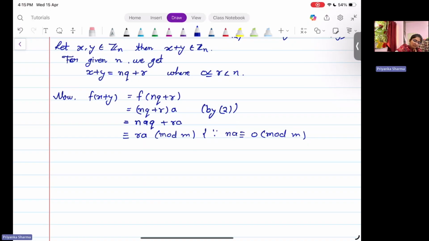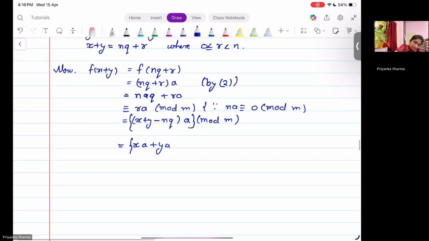Now we put the value of r from this. So this will be the same as x plus y minus nq, times a, mod m. So this is xa plus ya, and this one will be naq. So under modulo m, this will be 0.